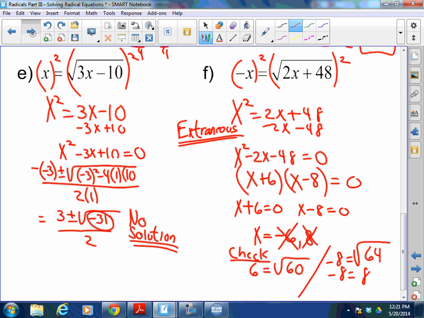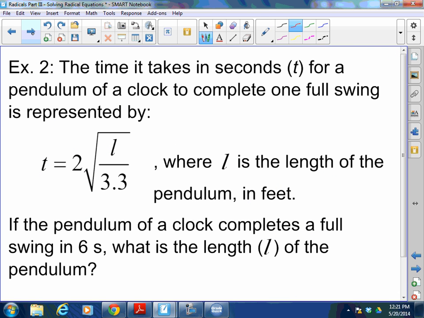Now, like always, I love word problems. Let me show you how easy it is when you just read and evaluate and just plug things in. The time it takes in seconds, T, for a pendulum of a clock to complete one full swing is represented by T equals 2 times the square root of L divided by 3.3, where L is the length of the pendulum in feet.